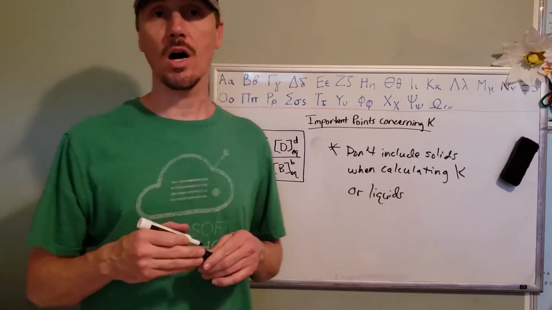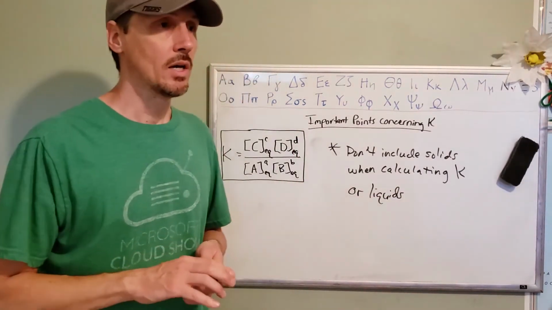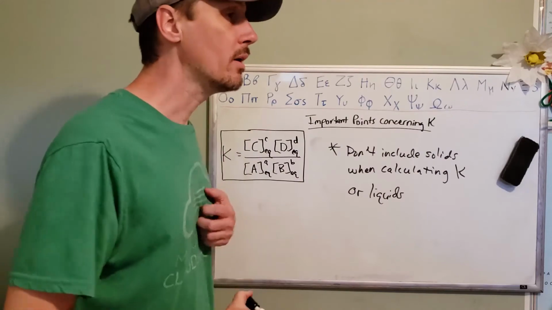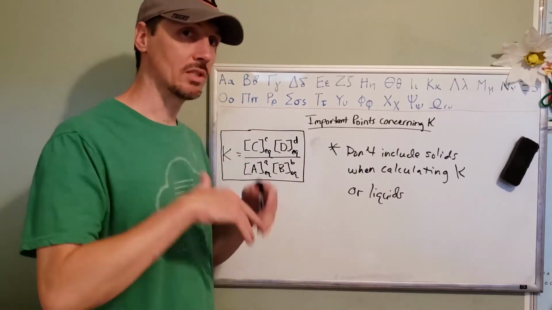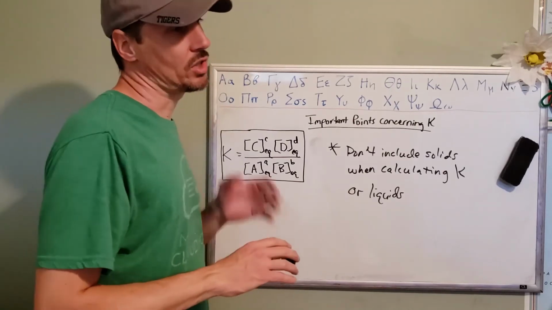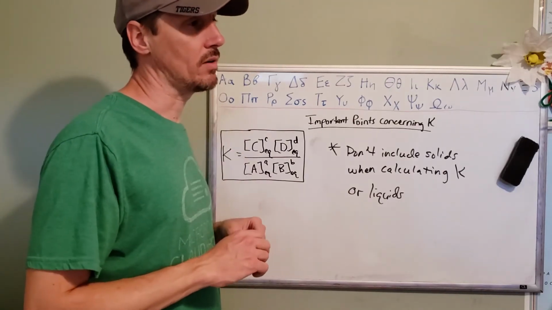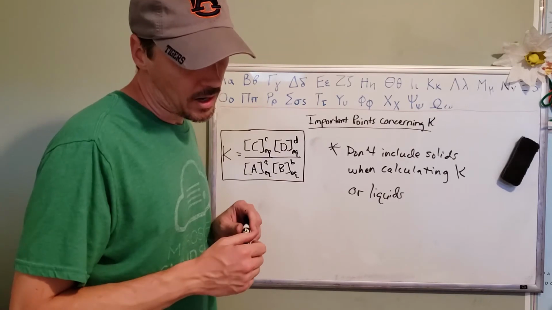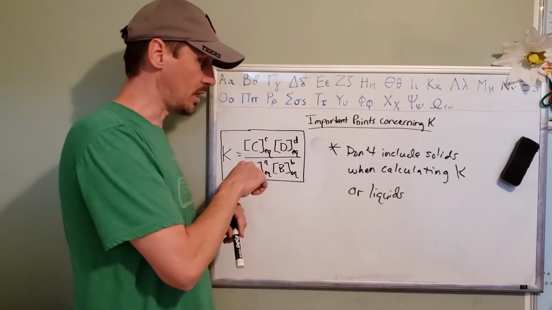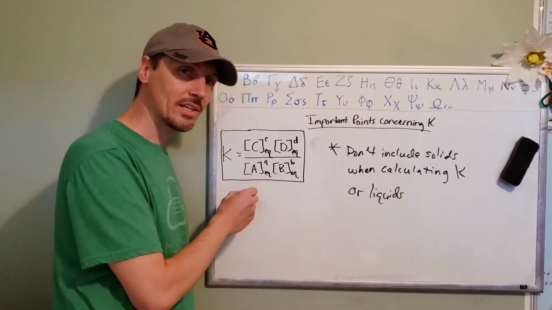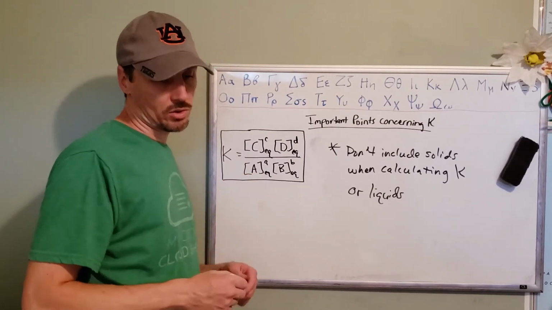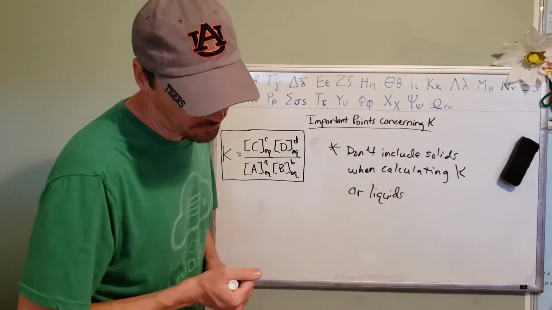That is not the case for aqueous solutions, because remember, that's a substance dissolved in water, and its concentration can change, right? There may be less of the substance even though the volume doesn't change as much because of it being dissolved in the water. And so we will include aqueous solutions in here. As far as the phases of substance, we're only going to consider gases and aqueous solutions when calculating K, okay?